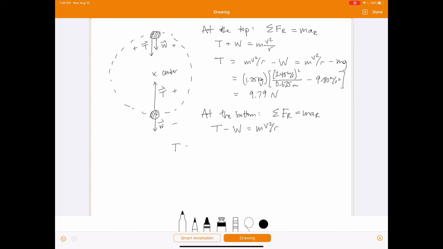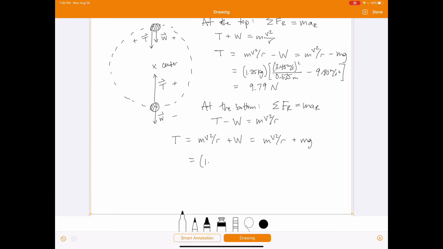So if we solve for T, we add W to both sides: mv squared divided by r plus W, that's mv squared divided by r plus mg. Notice how it's the same expression as before, except we're adding mg.